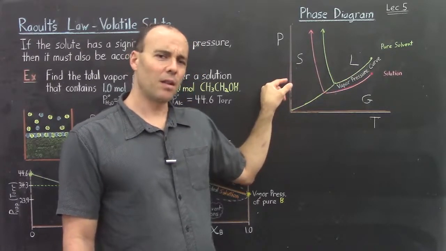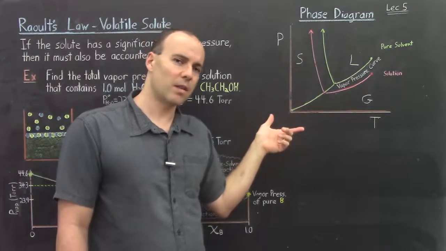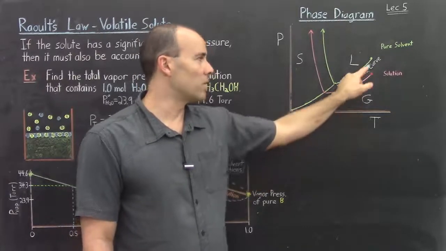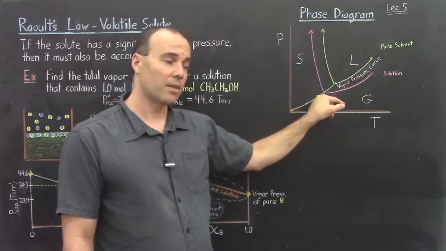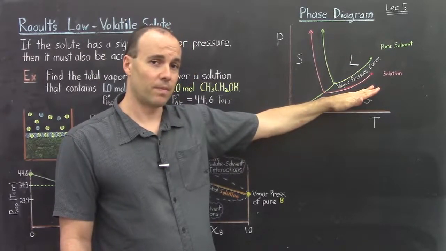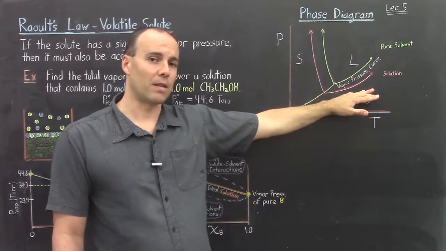Now adding a solute to the mixture lowers the vapor pressure, and it does that at every single temperature. So at every single temperature, the vapor pressure becomes lower, and so the net effect is to lower the entire vapor pressure curve.